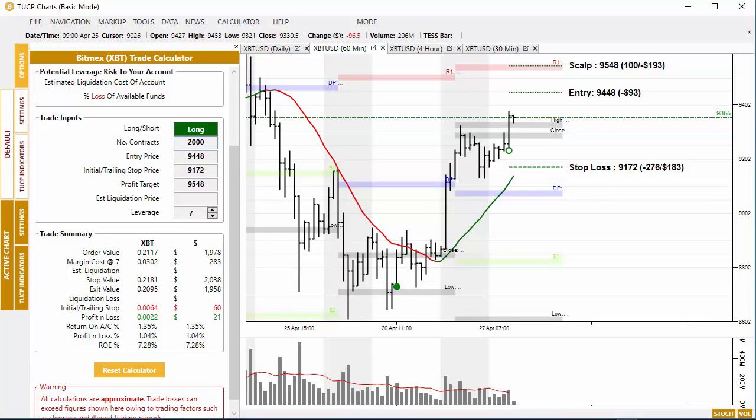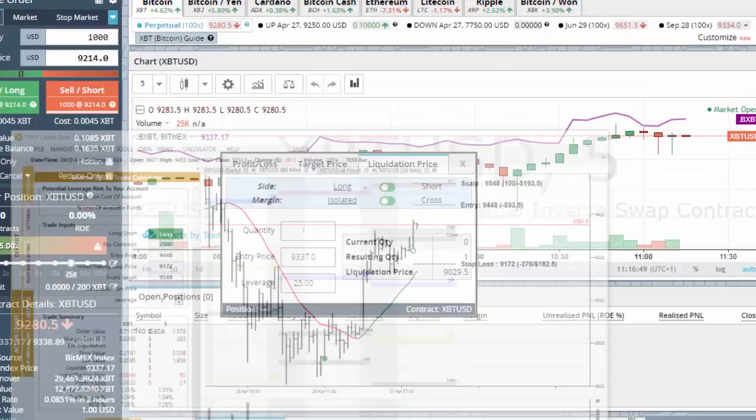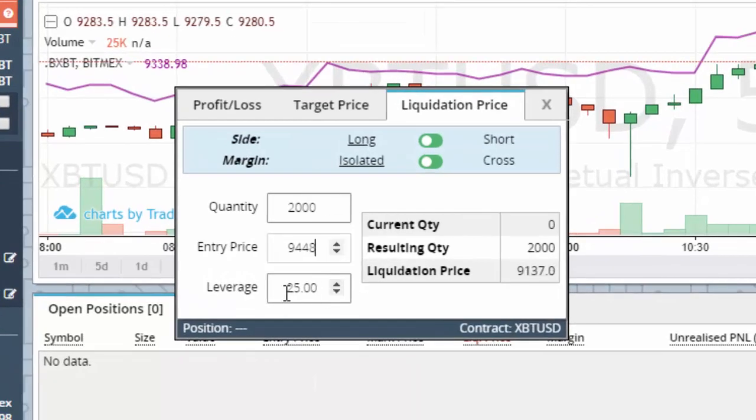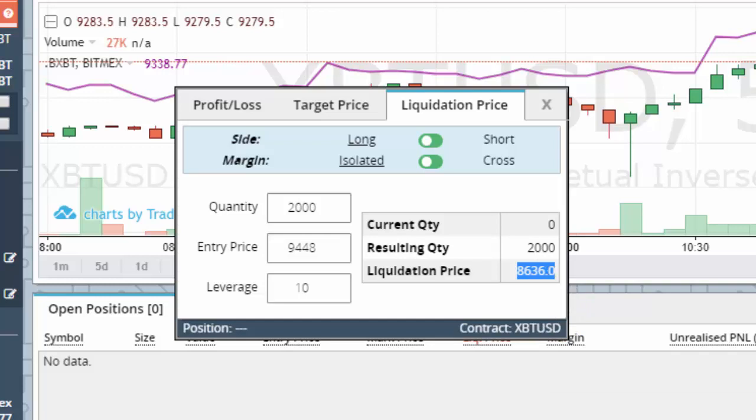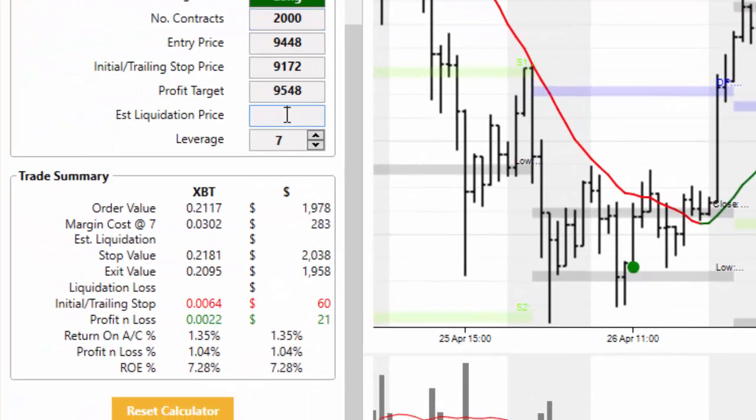We've got the quantity. We're going to go with 2,000, and the entry price is 9,448. And we've got a leverage of 10 and a liquidation price there of 8,636. So I'm just going to copy that, go back to the software, and paste that in here.